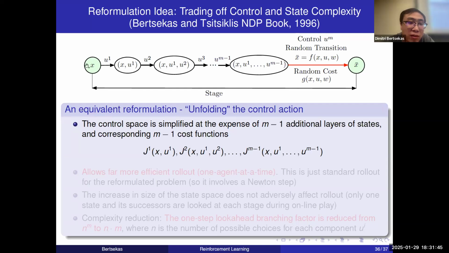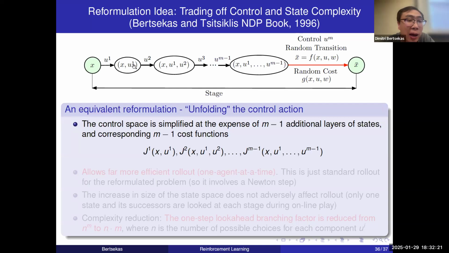So given that we're currently at state X, the previous formulation is that given X, apply control, we get to X bar, a new state where a random cost G of X, U, and W is incurred, and the transition occurs in this form. By contrast, this reformulation considers also as a state the first component of control, U1. Therefore, you get to a new state, X and U1.